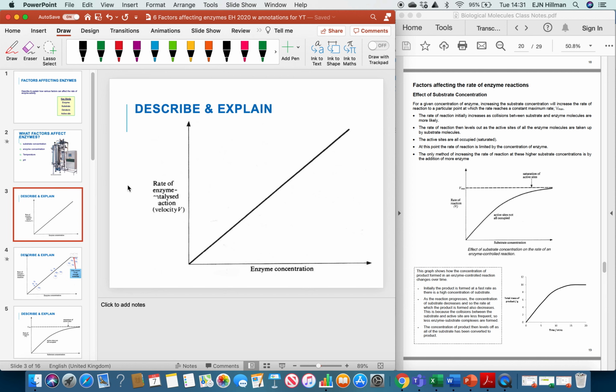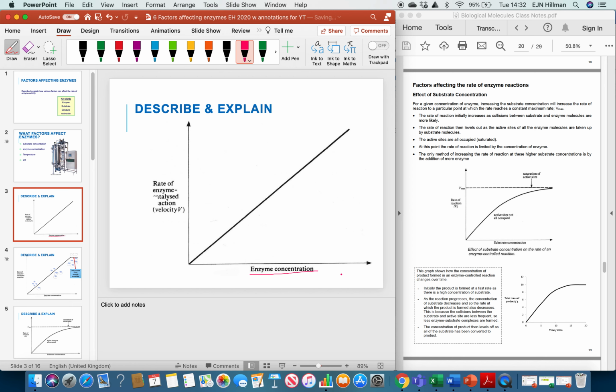Okay, so to start with, we are going to describe and explain this graph. This is a pretty common type of question you might be expected to do in the exam. You may be given a graph with two axes. On the x-axis, we have the enzyme concentration.